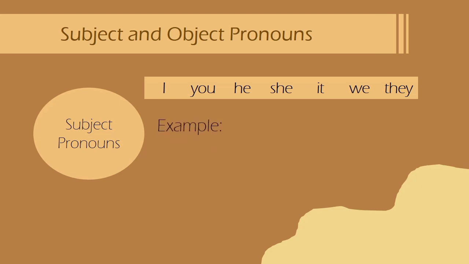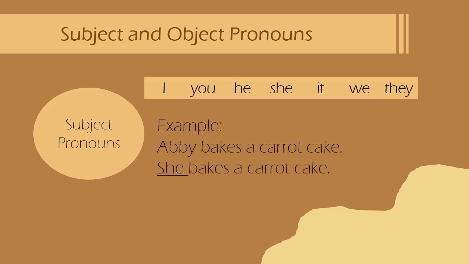For example, Abby bakes a carrot cake. Abby is a noun, specifically a proper noun. What should we replace Abby with? Abby is a girl, so we are going to replace it with she. So, she bakes a carrot cake.